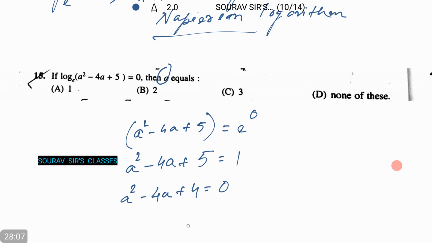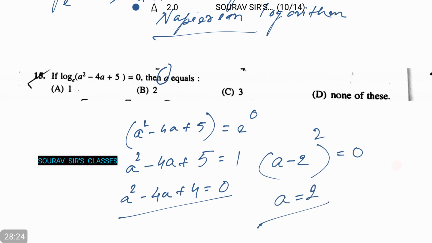And it is not necessarily a quadratic, it's sort of in a whole square form. So can we write a minus 2 whole squared equals 0? So a equals 2, and that's your answer. And that is option number B. a equals 2.